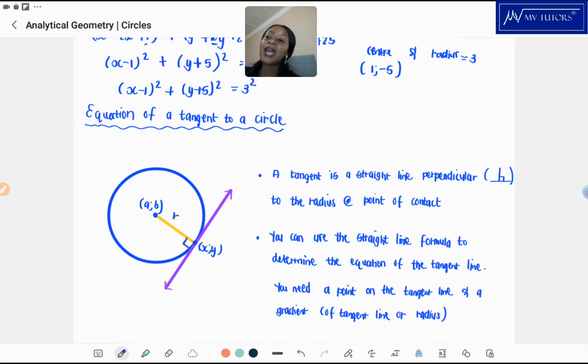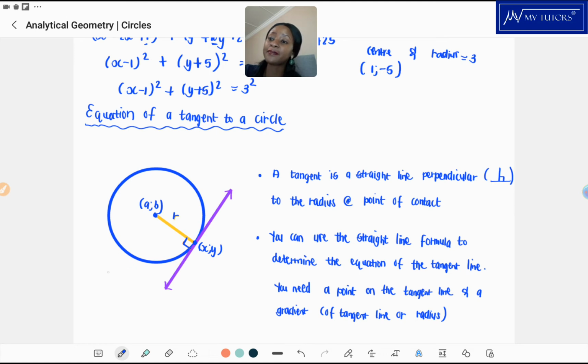Now, if you have the gradient of the radius, and you have just the point x, y on this tangent line, and they ask you to get the equation of the tangent line, well, you know that when lines are perpendicular, the product of their gradients is equal to -1.